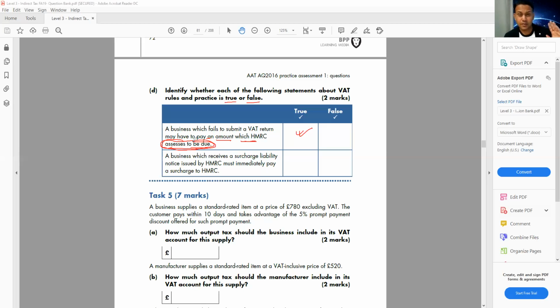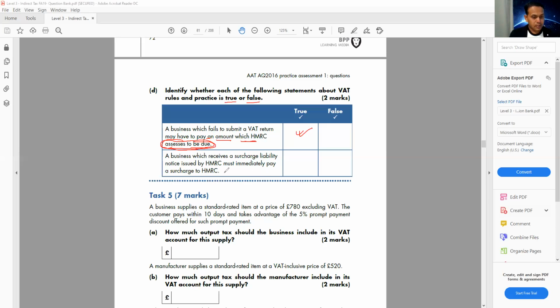HMRC will not say no, you have to submit it. HMRC will give you an estimated figure. HMRC will tell you, based on your last few quarters, your normal VAT is maybe 5,000 a quarter, so can you submit the 5,000? After that, you can adjust to the right figure. So you are allowed to submit the estimated VAT, but you have to speak to HMRC first. But normally they allow you to submit the estimated figure.